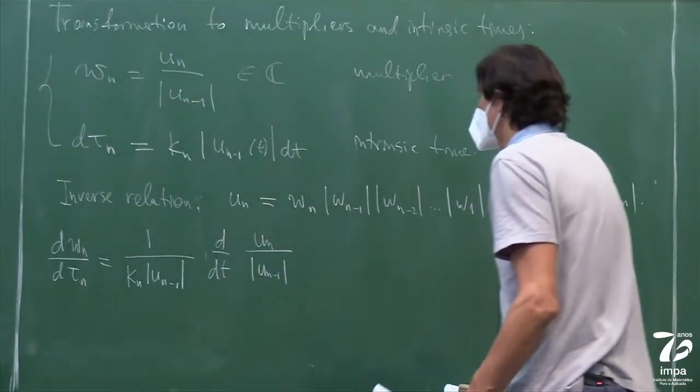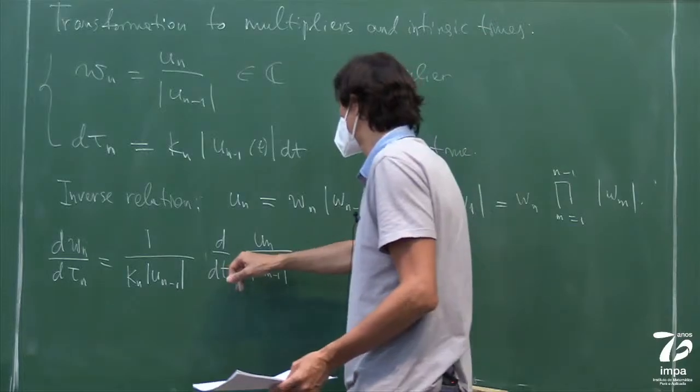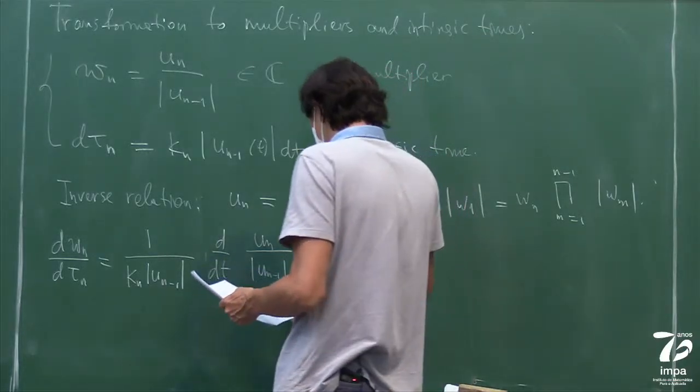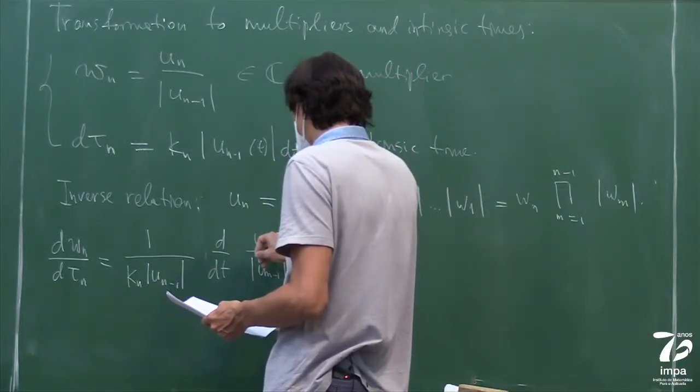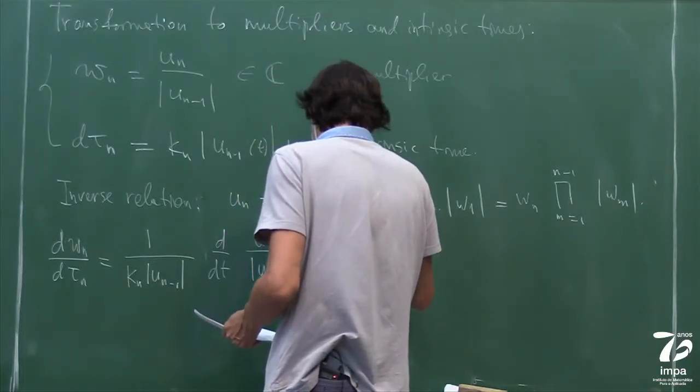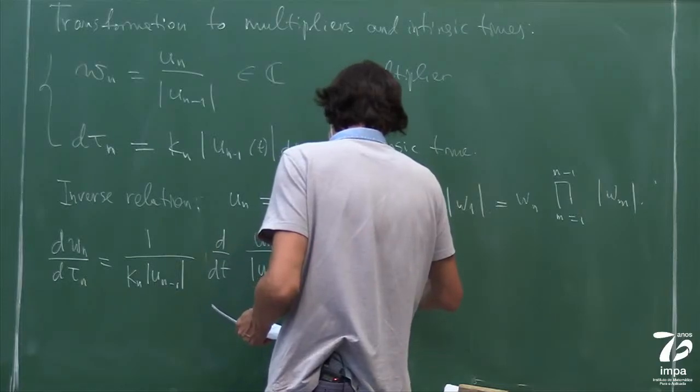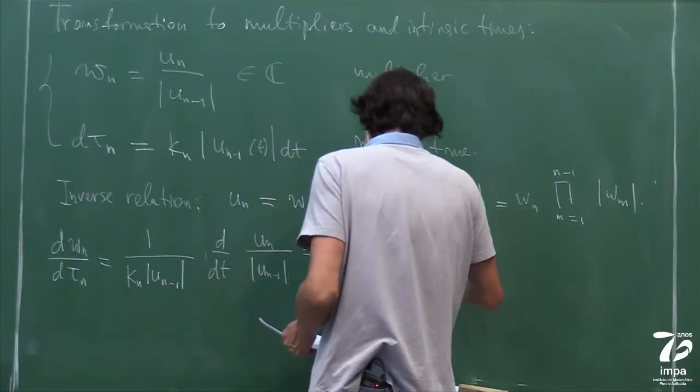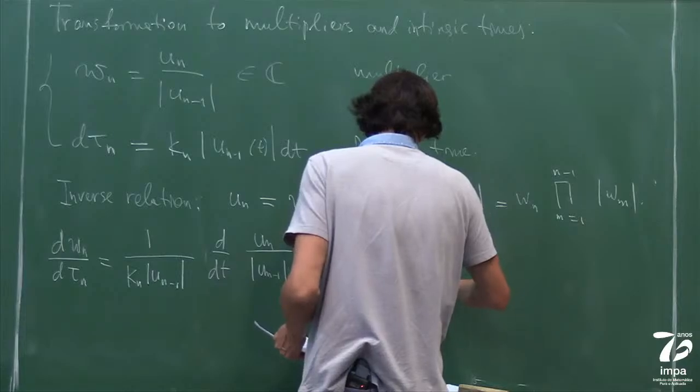The next step is that we open up the derivative. So when you differentiate the numerator, you get 1 over kn modulus un minus 1 squared, dun dt.